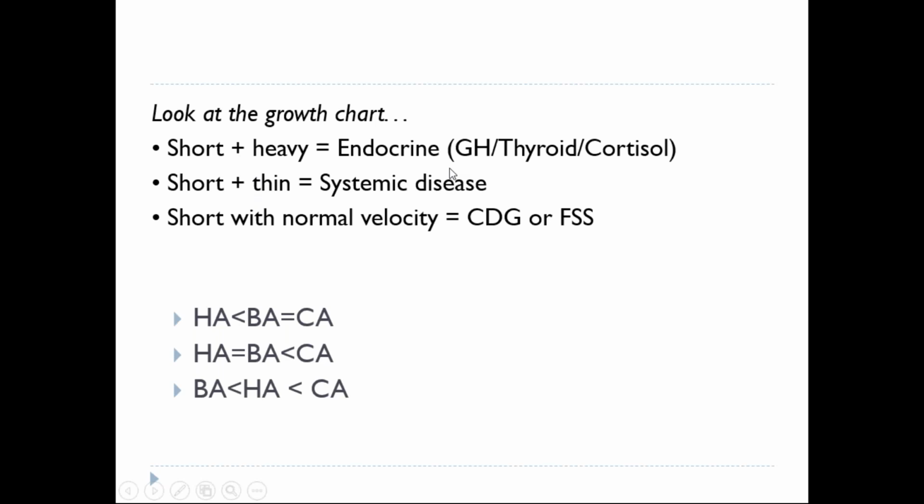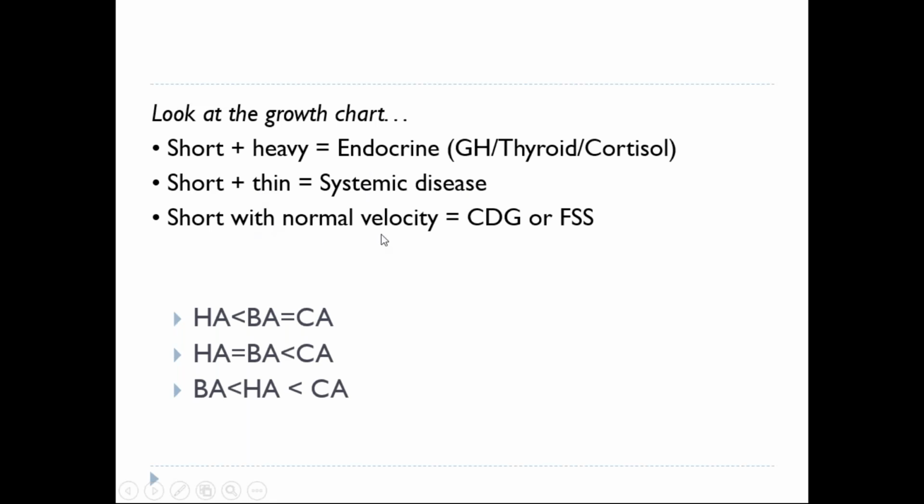Look at the growth chart. See the height, see the weight, see the bone age. If you see that the child is short and heavy, it is more of endocrine causes like thyroid hormone deficiency, cortisol excess, sorry. If the child is thin, then of course he has a systemic disease.